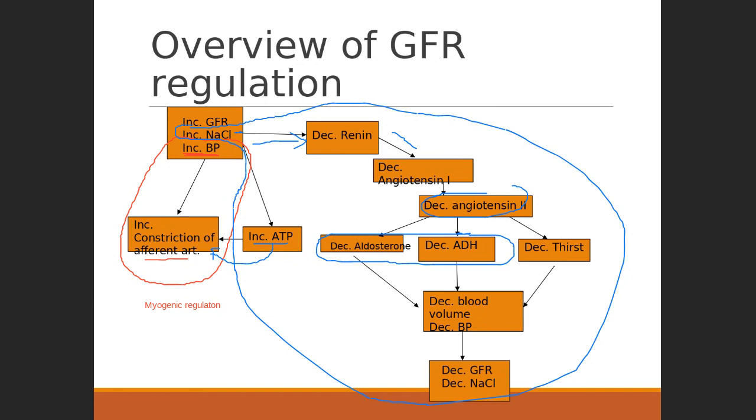So we lower the blood volume, and therefore we wind up lowering the blood pressure that was a problem to start with. Because remember, we started with an increase in blood pressure. That was our main concern. Our myogenics accommodated to it extremely quickly, so it gives us some stabilization of GFR immediately.